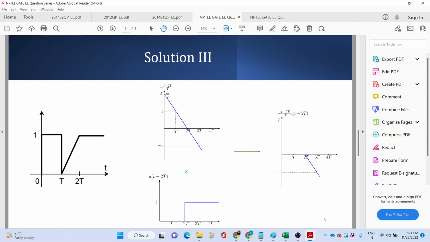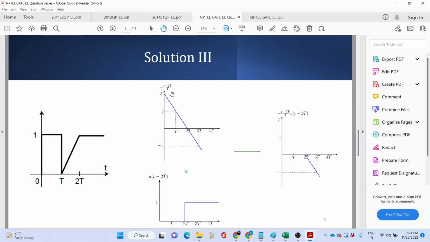So what information do you have now? It intersects the axis at 2t. It has a slope of minus 1 by t. So if you write the equation for the straight line, you would have minus of (t minus 2t) divided by t. Okay. Everybody is agreeing to me up to this point?